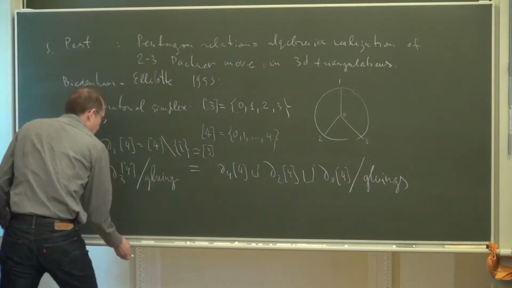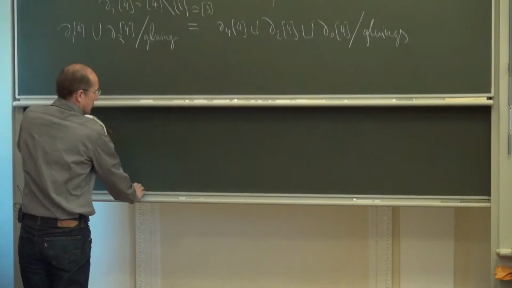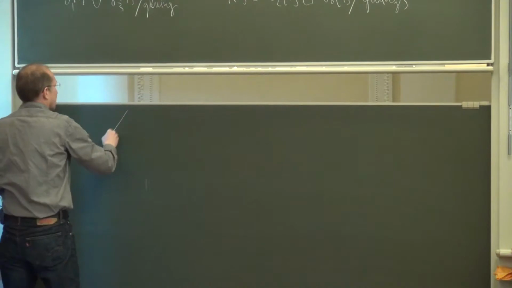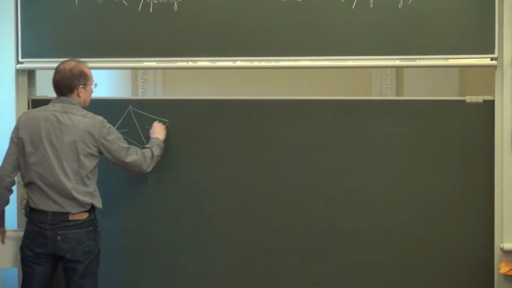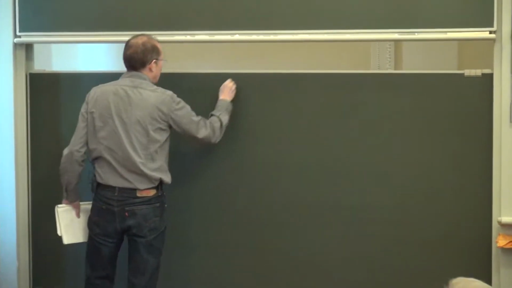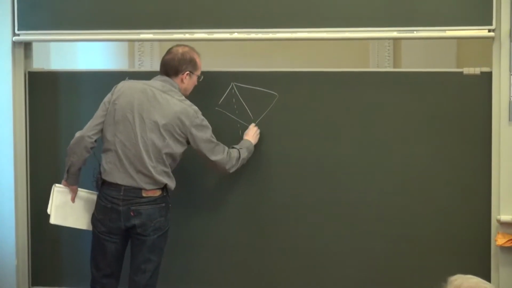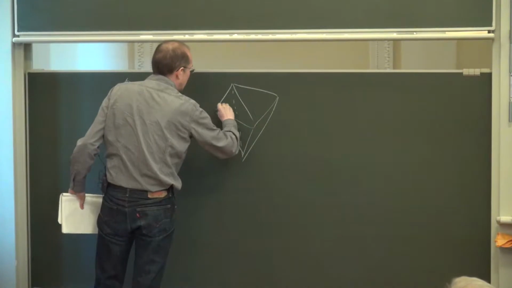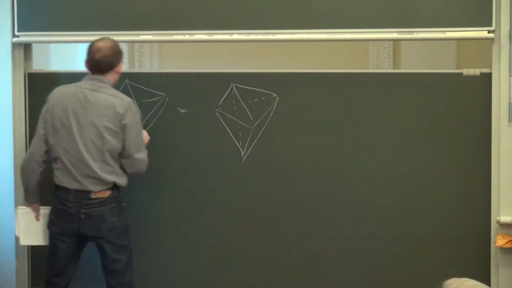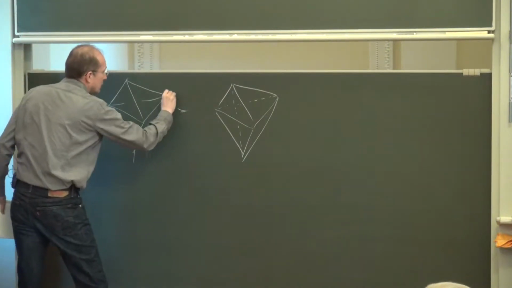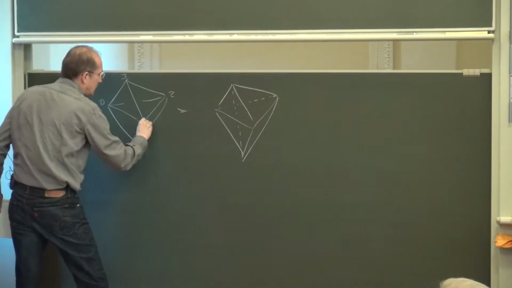We can draw it more explicitly like this, and the enumeration goes 0, 1, 2, 3, 4.